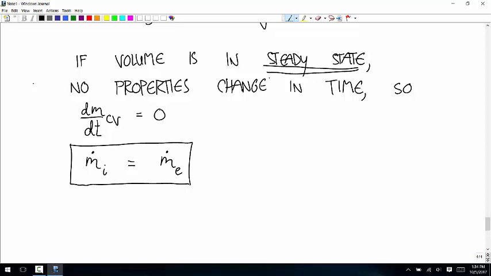This only holds in steady state, because you could have something with an inlet and an outlet and be forcing lots of gas in the inlet, and the mass inside is increasing, but only a little trickle of stuff coming out of the exit. So there's no reason in general that this equation holds, but as long as the amount of mass in the control volume isn't changing, this holds.